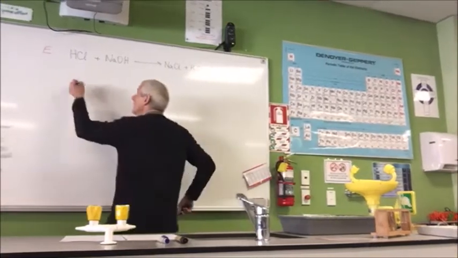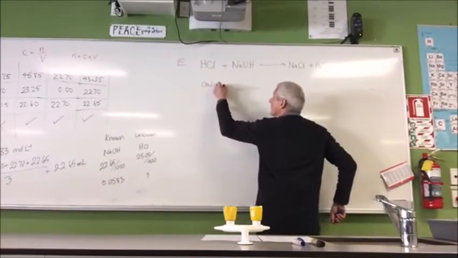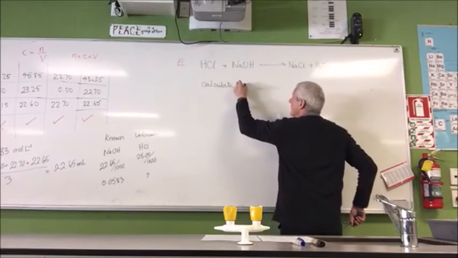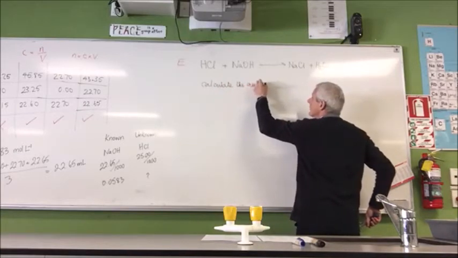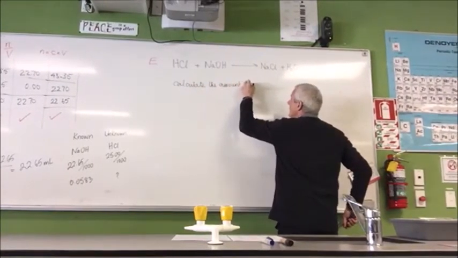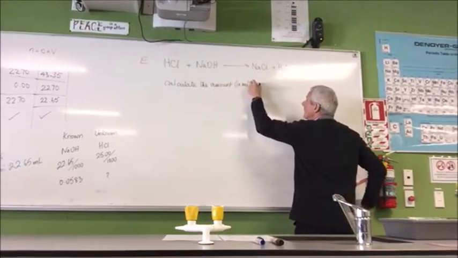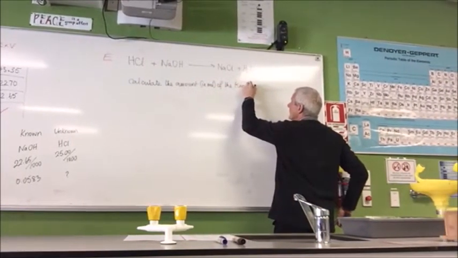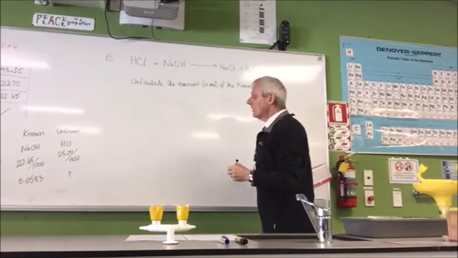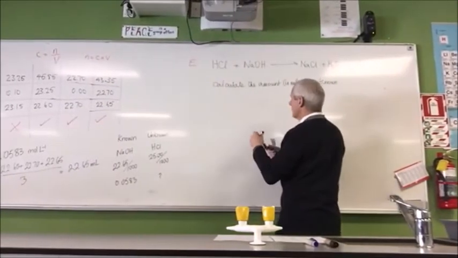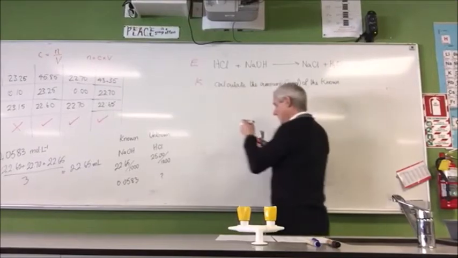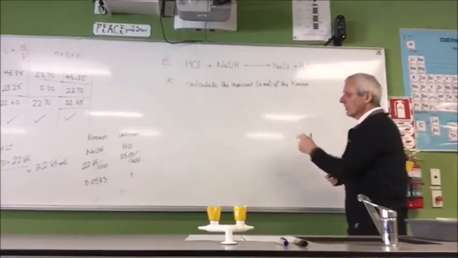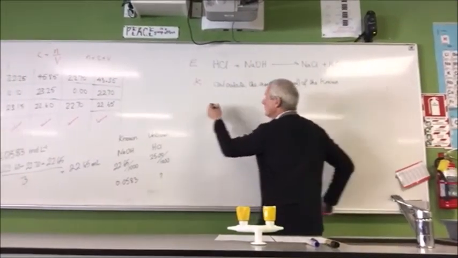Okay, so we're going to calculate the amount in mole of the known. So if we look at our table, our known is sodium hydroxide.